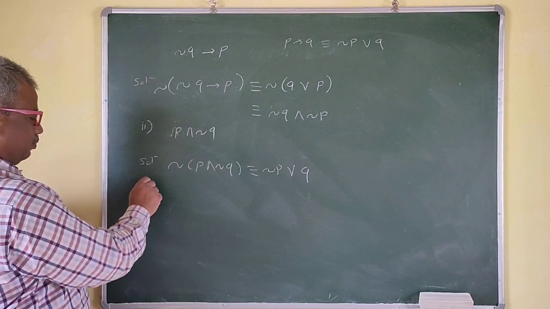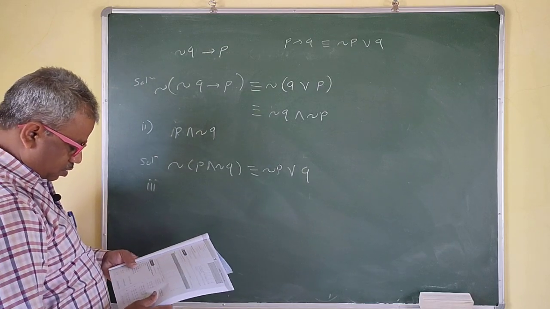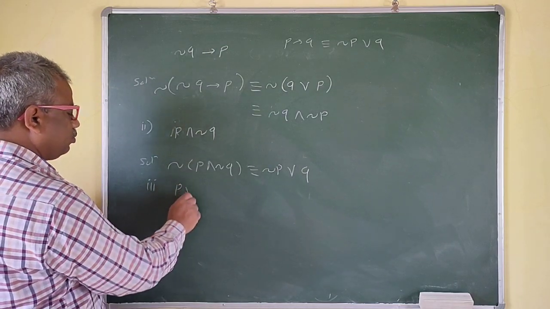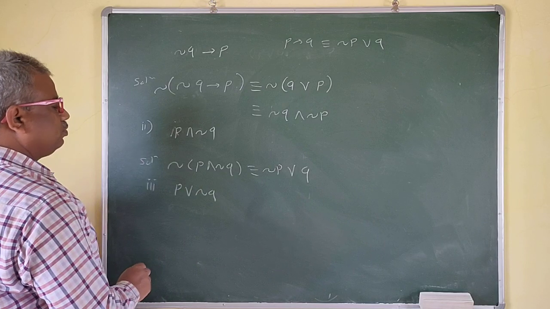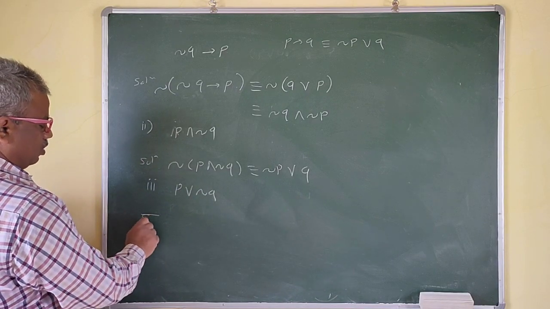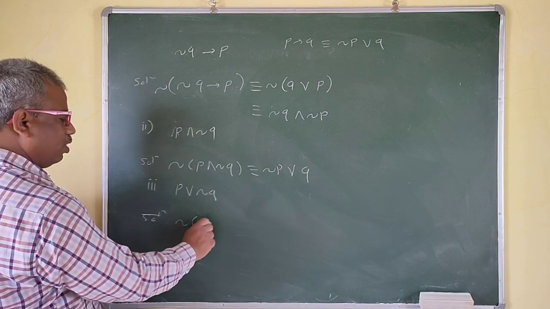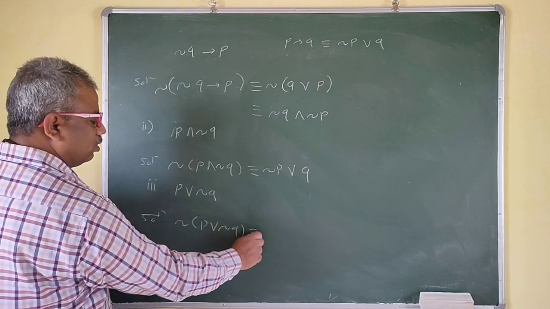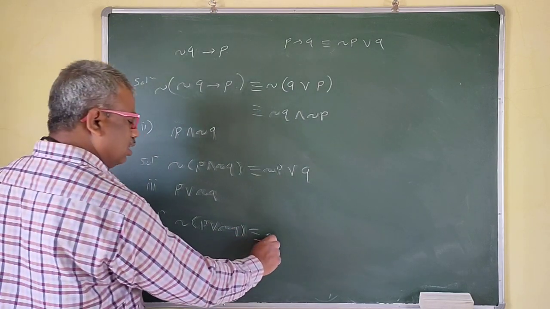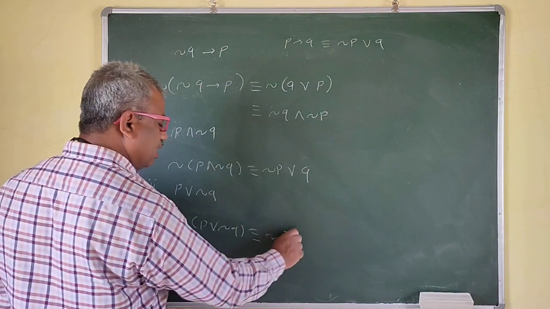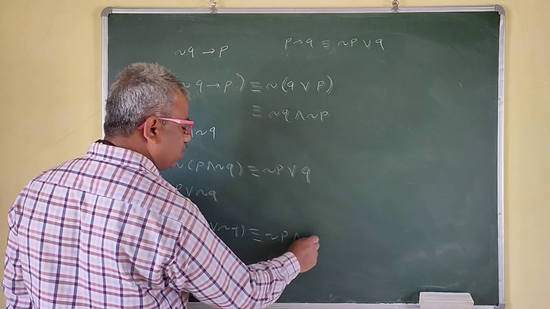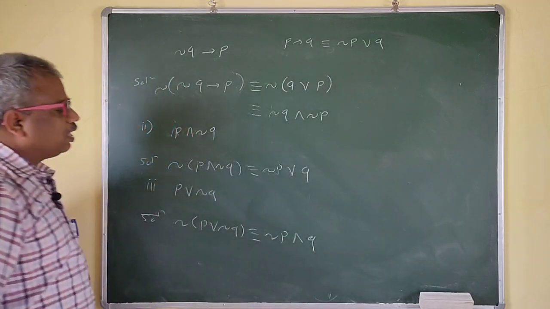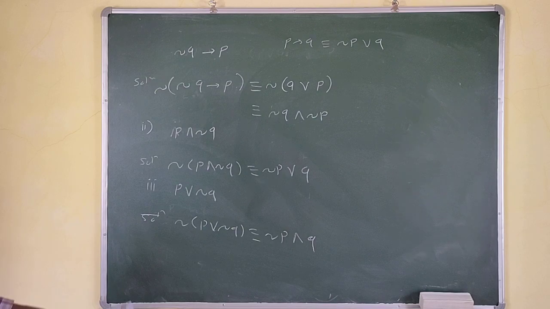Next. Third one. P or negation Q. You have to write the negation of this one. Okay. Solution. Negation of P or negation Q is logically equivalent to what? Negation P, and is there, and negation of negation Q will be what? Just Q, right? It's simple, very simple.